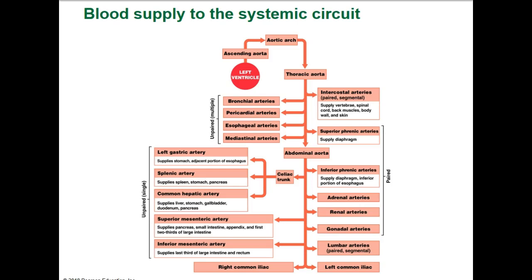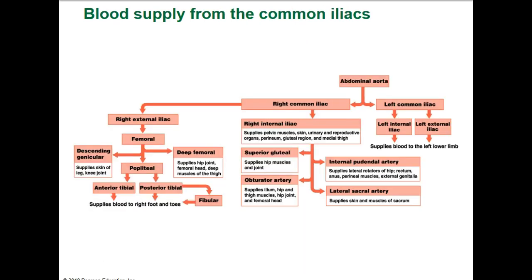This is the blood supply to the systemic circuit with many other arteries included, going down into the abdominal areas. And this works its way further down into the common iliacs.